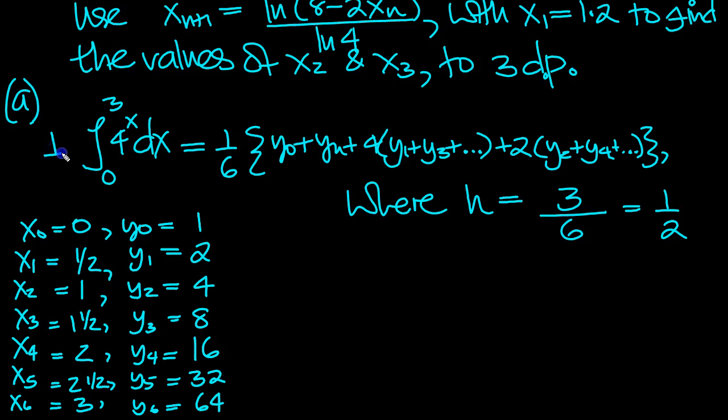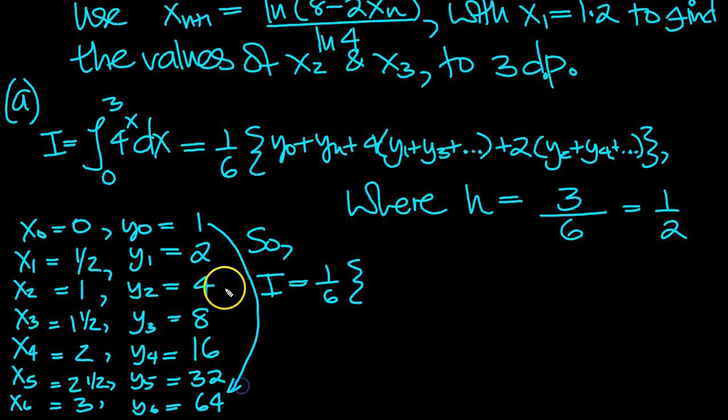So I'm going to label this I. So I is equal to 1/6 times the first and the last, so 64 plus 1 is 65, plus 4 times all the odd ones, 1, 3, and 5.